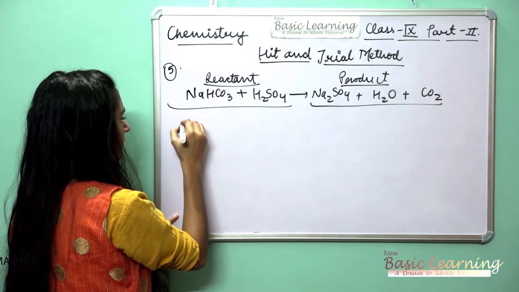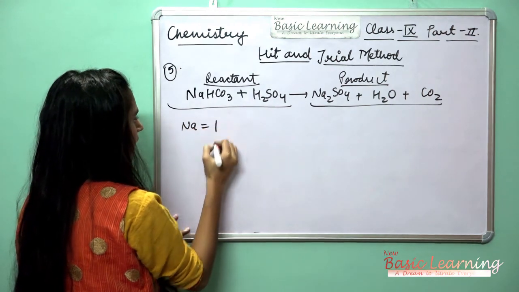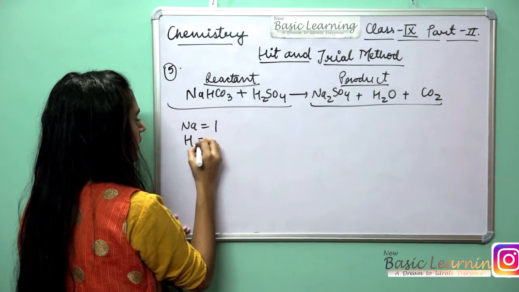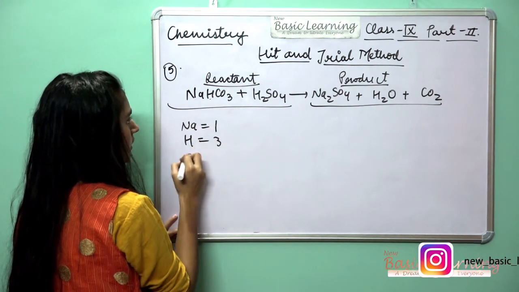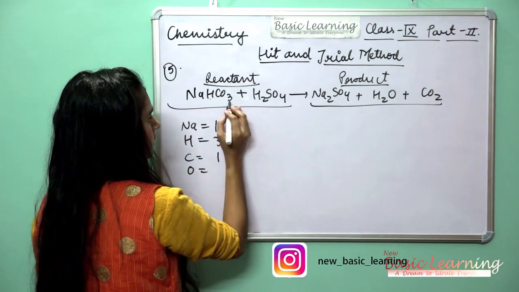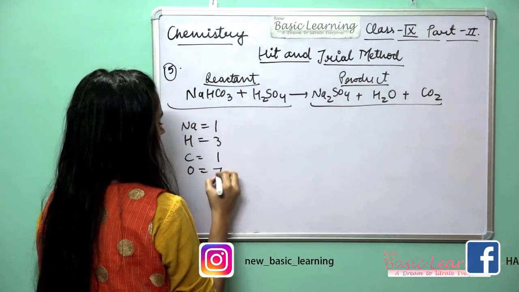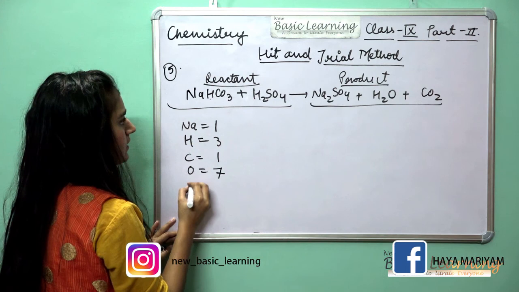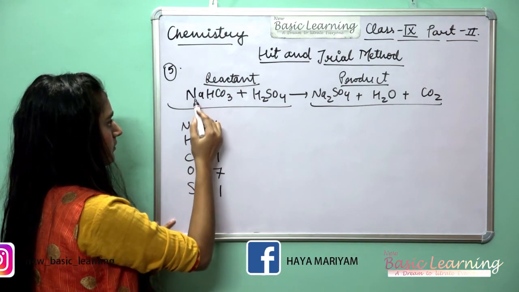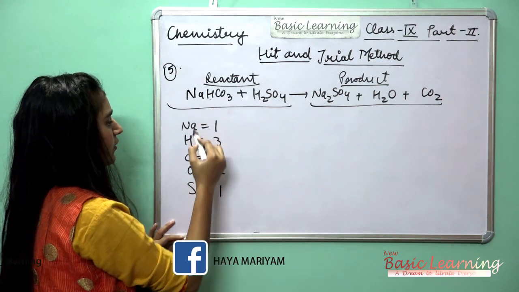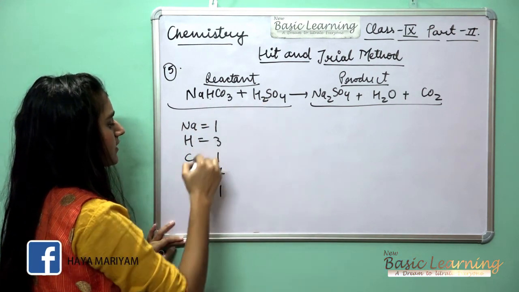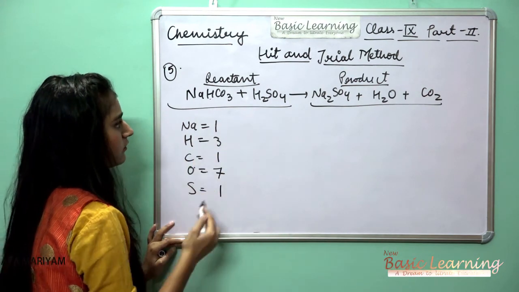So here sodium is having 1, hydrogen is 1 plus 2 gives 3, carbon 1, oxygen 3 plus 4 gives 7 and sulfur is having 1.